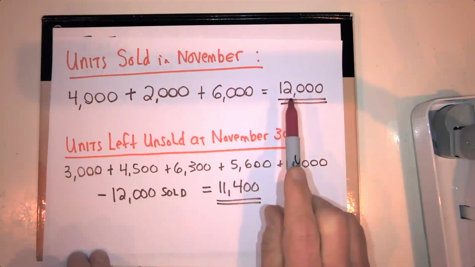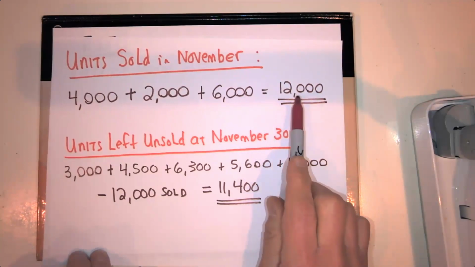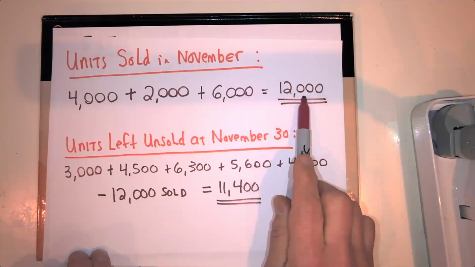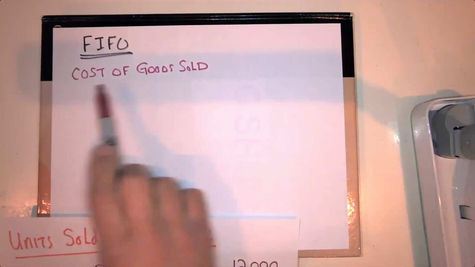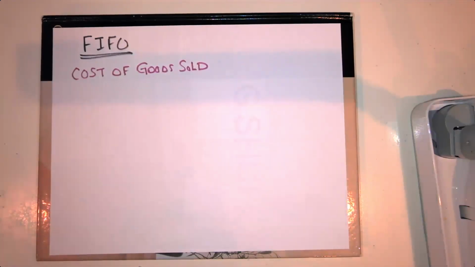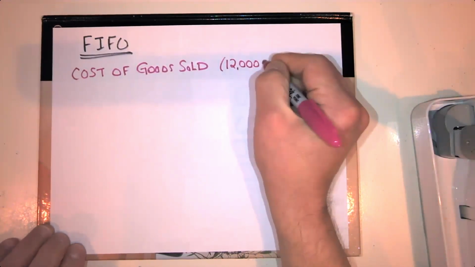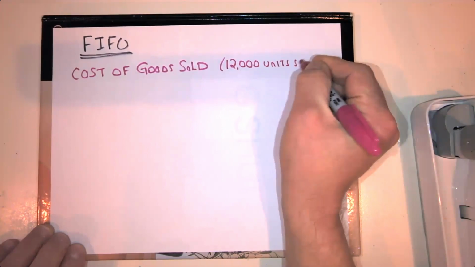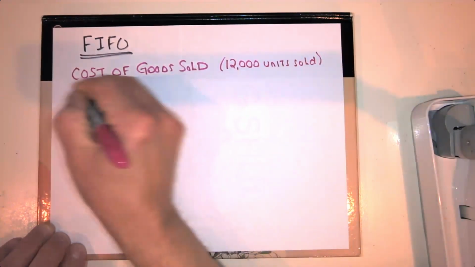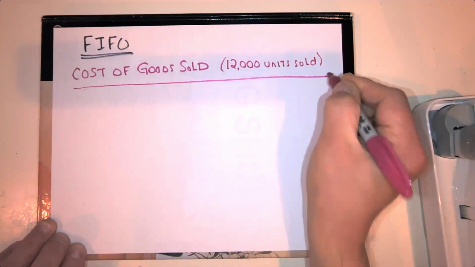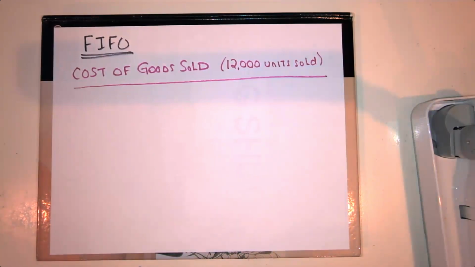We know that in November, 12,000 units were sold. So that's what we need to include here in our cost of goods sold. So let's note that this will include 12,000 units sold. Okay, Matthew, how are you going to do this calculation?